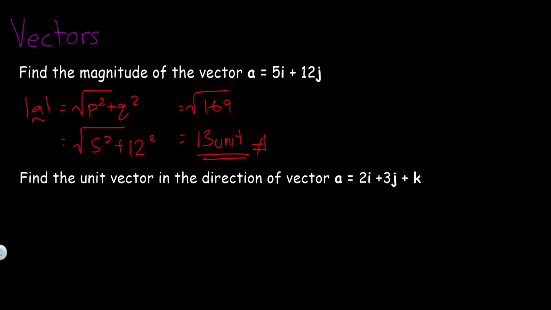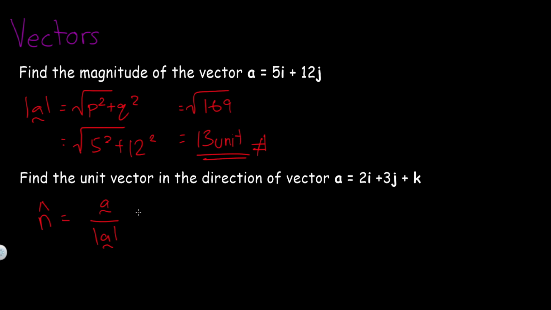Alright, for the next question, it says find the unit vector in the direction of vector A equals 2i plus 3j plus k. In order to find the unit vector, the formula is: unit vector equals our vector equation over its magnitude.